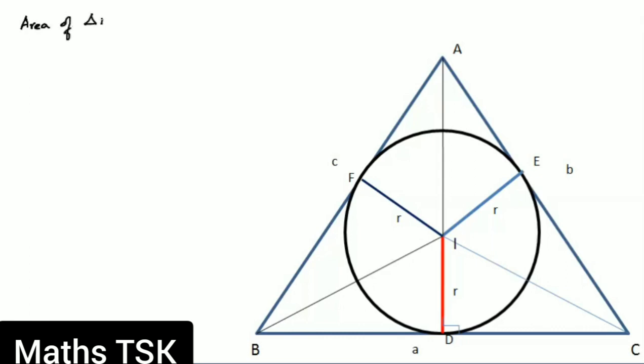I need the total area of the triangle ABC, so that I can find it as the area of triangle BIC plus area of triangle AIC plus area of triangle AIB.